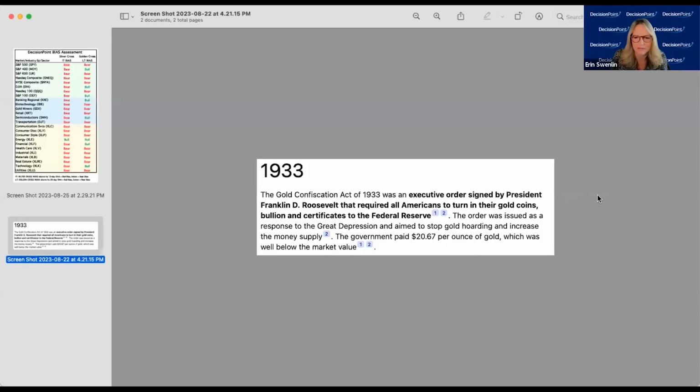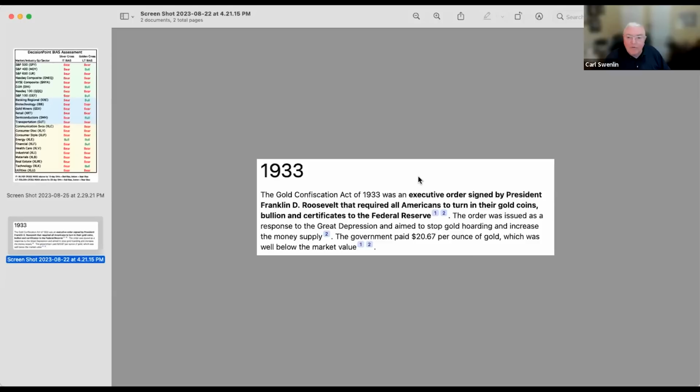Now, that's the important element here. It was an executive order. He did it all by himself, with no Congress involved. So I would keep this in mind as I'm accumulating gold and deciding what percentage of my portfolio it ought to be.